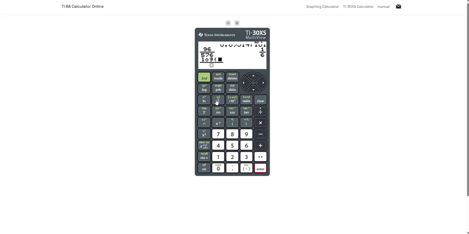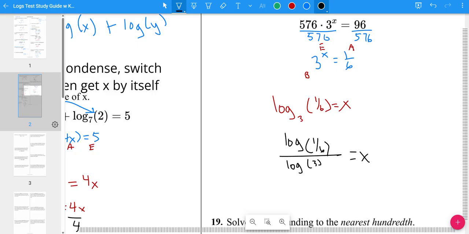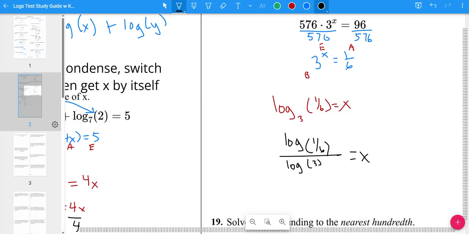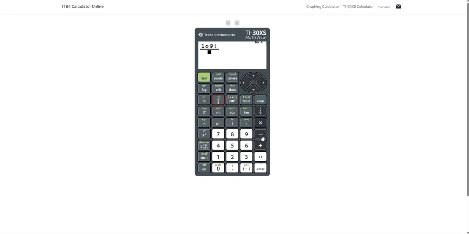Wait, did I do that backwards? I sure did. Sorry about that. Log of 3 is on bottom. Let me go ahead and do that. Log of 3 and log of 1/6. There we go. So negative 1.63.